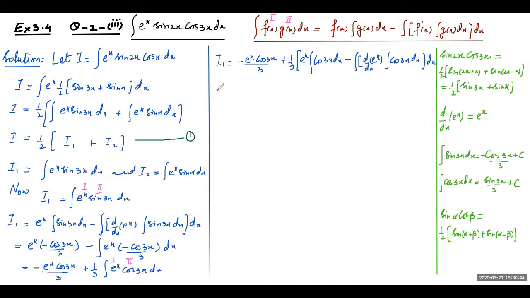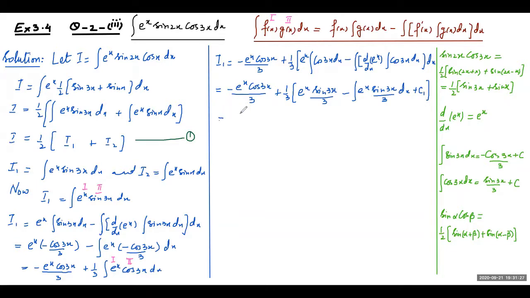So this is equal to minus e^x cos 3x by 3 plus 1/3 times, inside the bracket, e^x sin 3x by 3 minus integral e^x sin 3x by 3 dx, and here I'm going to introduce a constant of integration because this is the last integral, as you will see in the next steps.